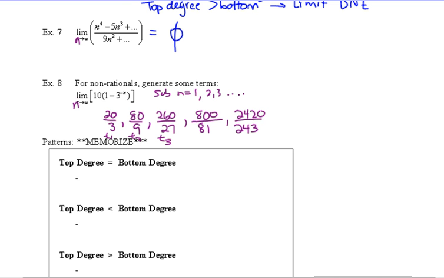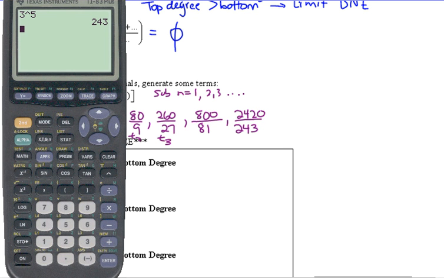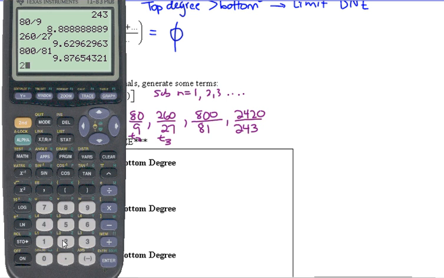Okay, so what do you think it's approaching, looking at these numbers? 80 over 9, 260 over 27, 800 over 81. What is it approaching? 10.